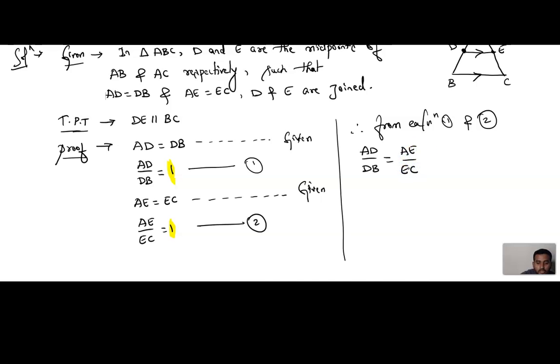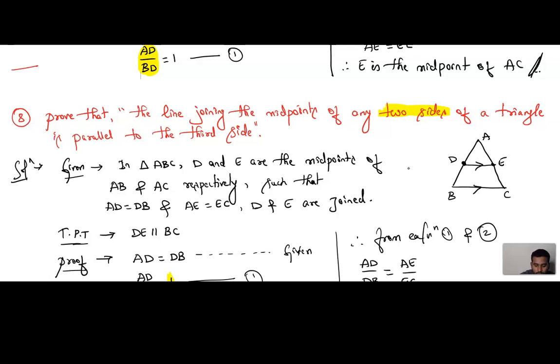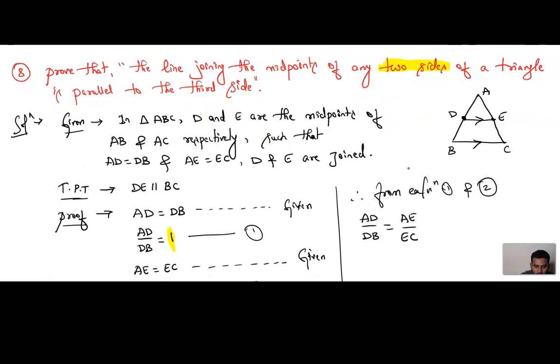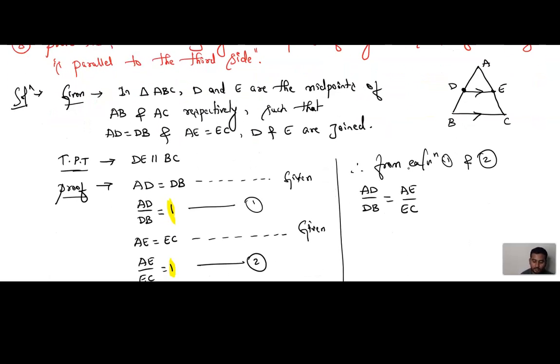Now can you see the figure, children? AD is proportional to DB and AE is proportional to EC. Now one side is proportional to the other side. Then what happens? They are parallel. Very good. If the sides are proportional, then the given sides are parallel. So now we can say that therefore DE is parallel to BC.